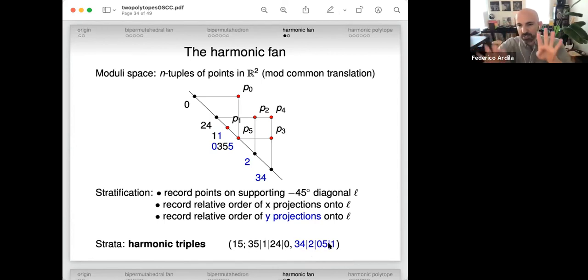But I actually forget who was black. I don't know if blue 2 and black 4, which one is before or after which one. The harmonic triple does not know that. The bipermutation knew that. So that's why this is less information, okay?